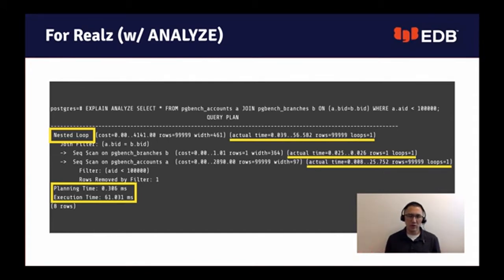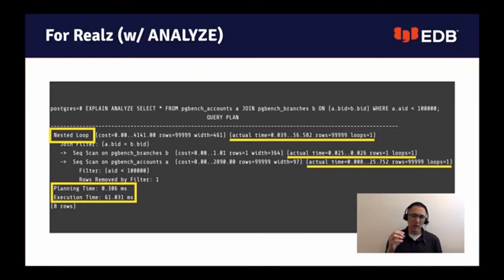This is very useful for developers and DBAs trying to identify where the bottleneck is. The most time-consuming part of this operation was the nested loop at 56 milliseconds, which isn't much here. But with a really poorly performing query, you could look at these actual times to find the bottleneck and start your analysis from there.